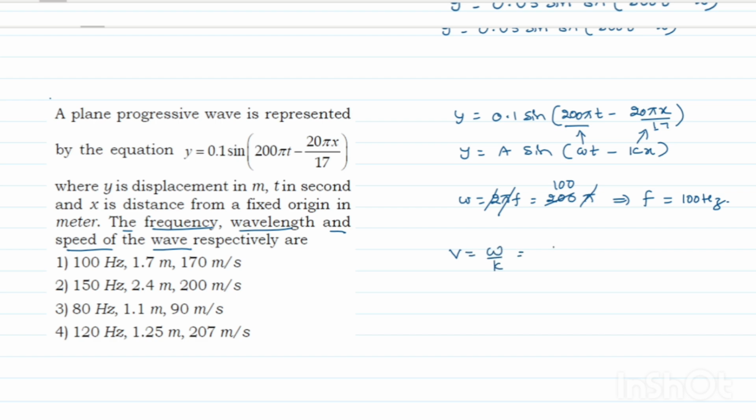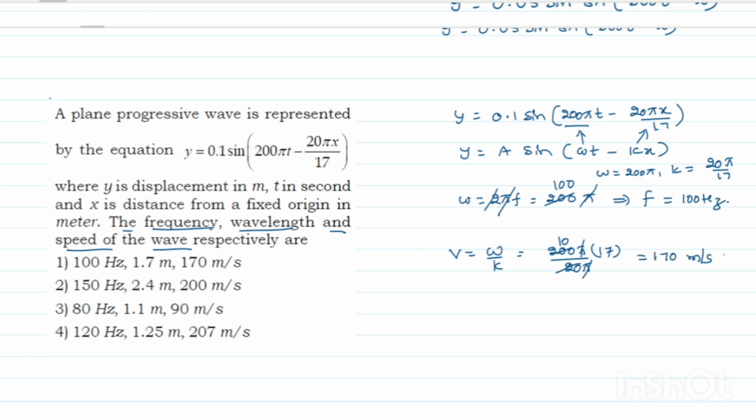Omega is 200 pi and k is 20 pi by 17. Bringing 17 into the numerator, pi gets cancelled, and 20 goes 10 times, so we get 10 times 17, which is 170 meters per second.